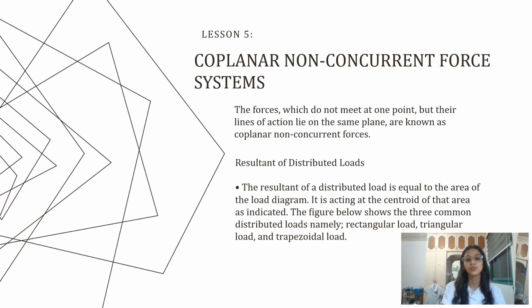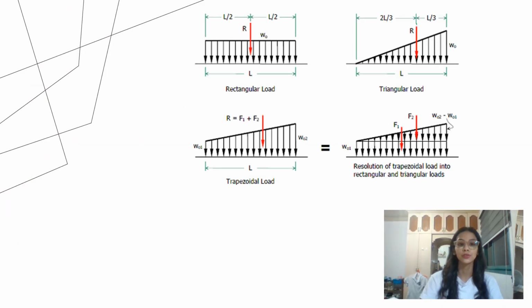The figure below shows the three common distributed loads, namely rectangular load, triangular load, and trapezoidal load. So here's the figure. As you can see, this is the centroid of the rectangular load, which is equal to 1/2 of its given base.